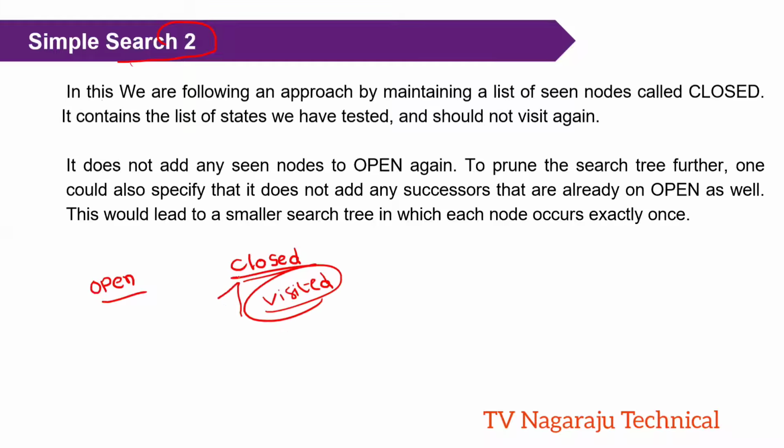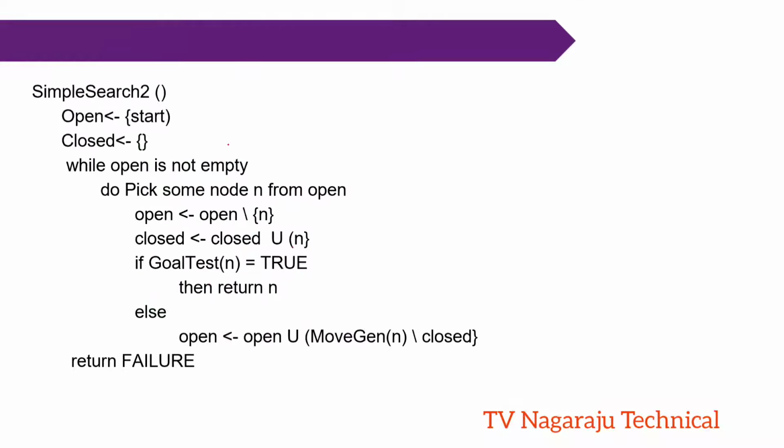Every time while generating the successors, I am checking the closed also. If the generated child is available in the closed list, ignore that one. That means you are not adding visited nodes to the open again. Observe the algorithm.